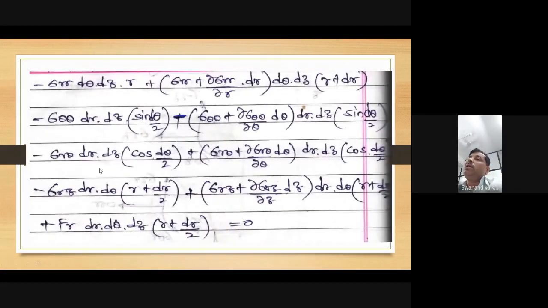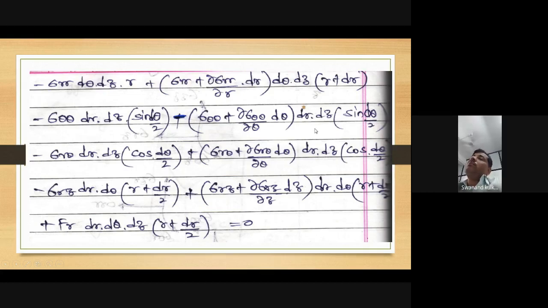For that purpose, sigma theta theta plus dou sigma theta theta dou theta d theta, multiplied by dr dz, which are the areas. So stress into area becomes equal to force.